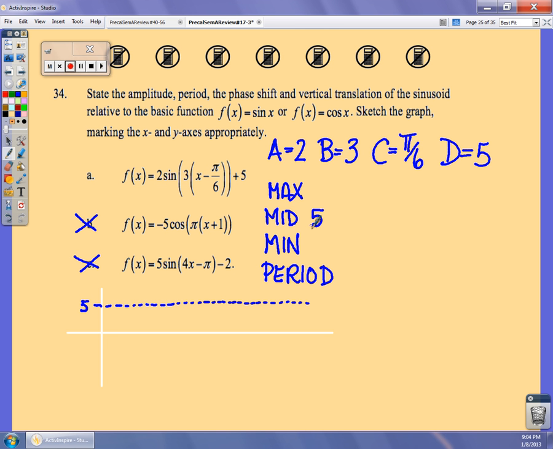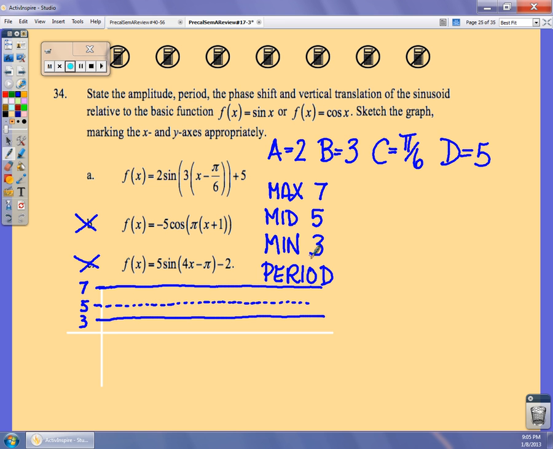If we add our amplitude, or 2, to that, we'll get our maximum of 7. If we subtract 2 from that, we'll get our minimum of 3.